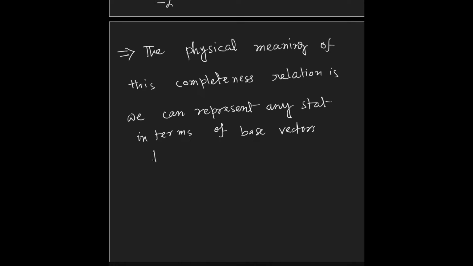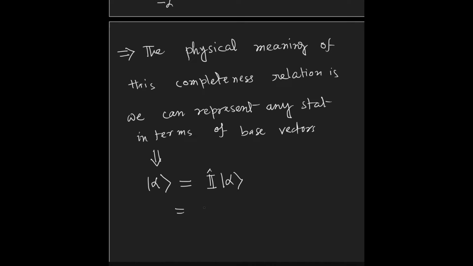How can we do so? Suppose that alpha is any state or ket vector. We can operate with the identity operator, which will do nothing to the state.